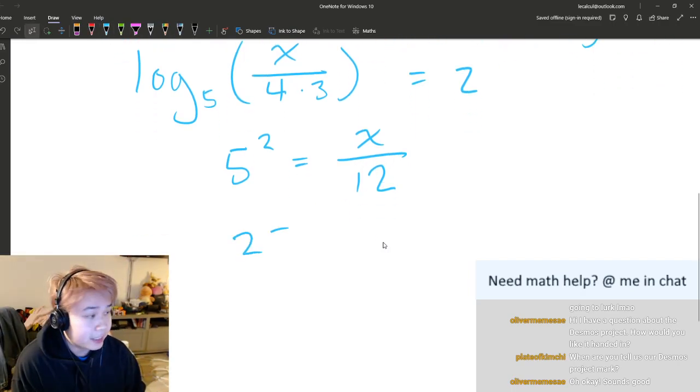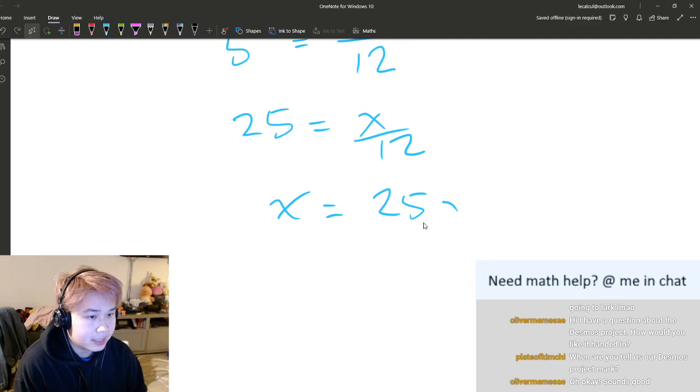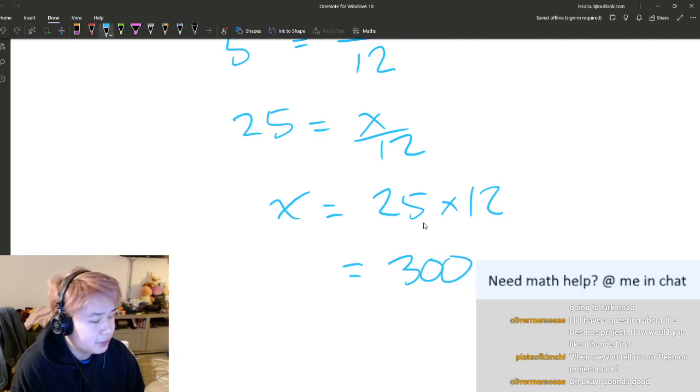So 25 is equal to x divided by 12. In other words, x is 25 times 12. So that should be, I think, 300.